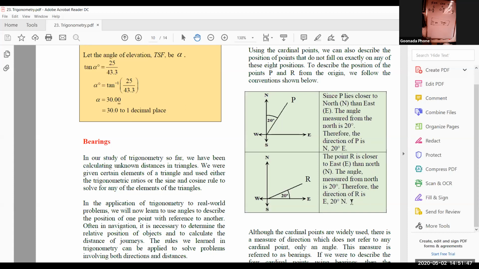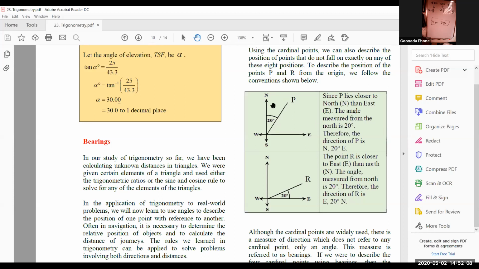You all catch the drift? Or does anybody want me to repeat it? All right, David, want me to repeat it? So this is the distance between N and P, and it's 20 degrees.